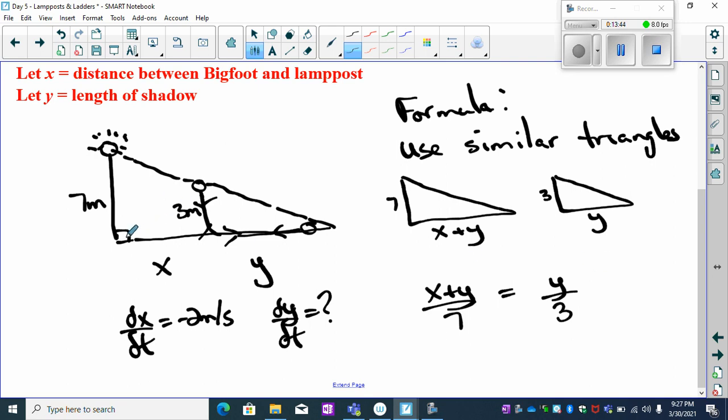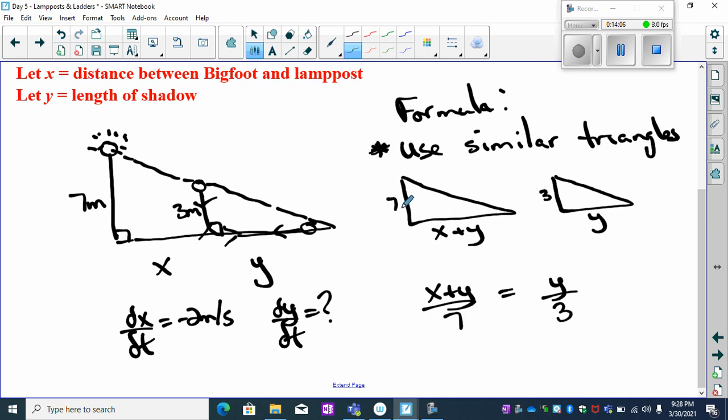The reason is, this would be a right angle, and they're both sharing this common angle here. These are similar triangles. That angle would equal this angle. If that's 90, that's 90. This is a common angle between them. These angles would be the same. That's why I can use similar triangles.